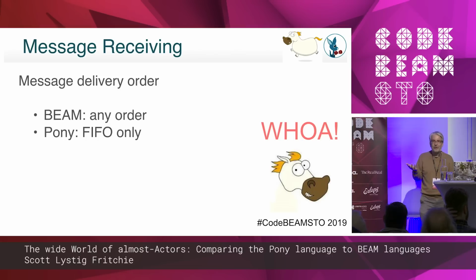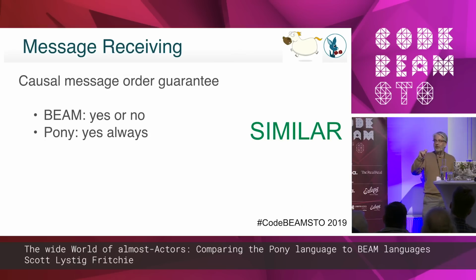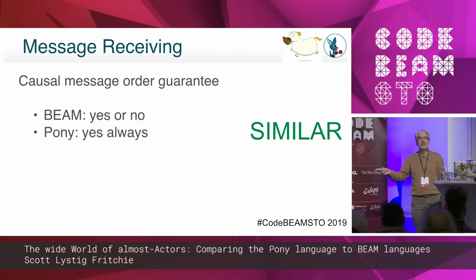Causal message order guarantee in the Beam, yes, if you do not use selective receive. Inside of a single VM, if process A sends messages X, Y, and Z to process B, then the order that they would be in the mailbox is also X, Y, Z, and it's up to you to not use selective receive to preserve that order.